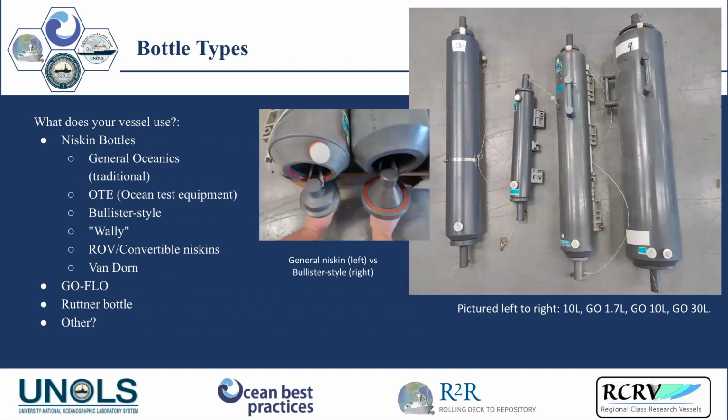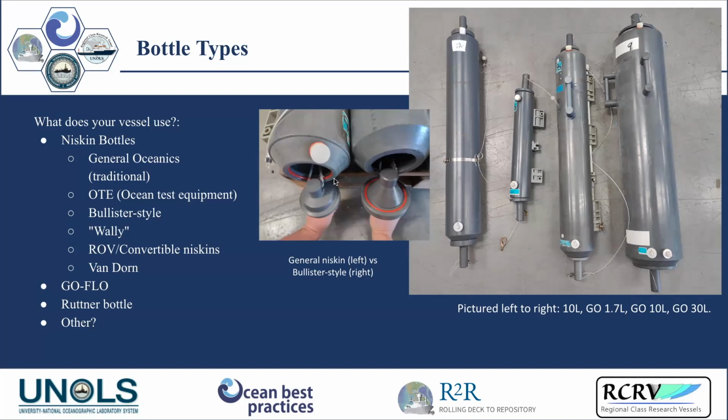I do want to preface, if you have any questions or interludes, this is supposed to be more of a discussion, a working group. I don't want to speak at you this entire hour. So this is open to discussion. What kind of bottles does your vessel use? These are some examples. General Niskin versus Bolster style right here.